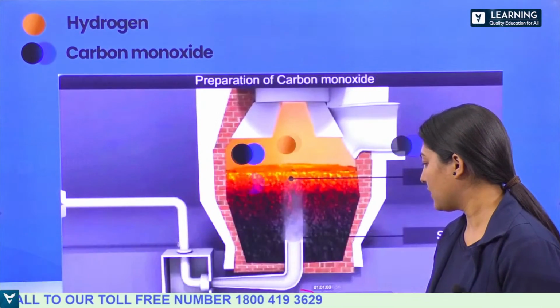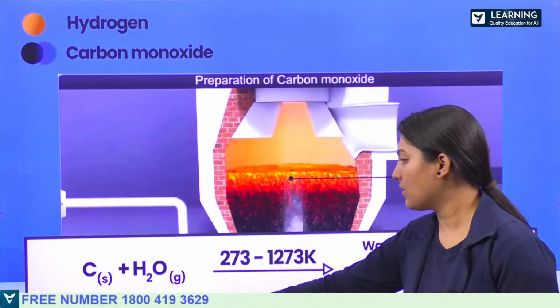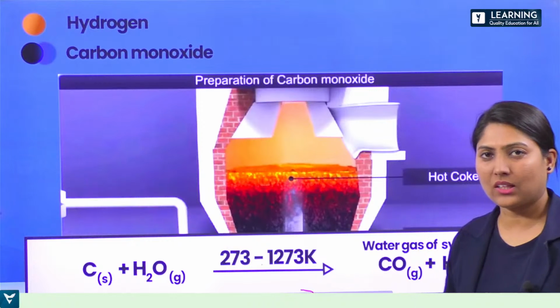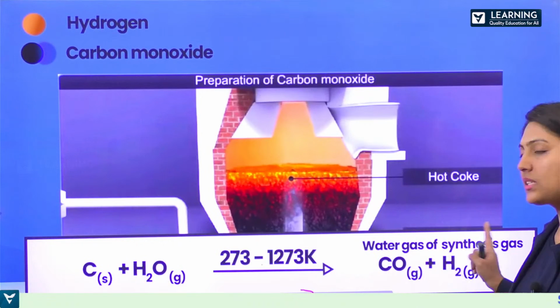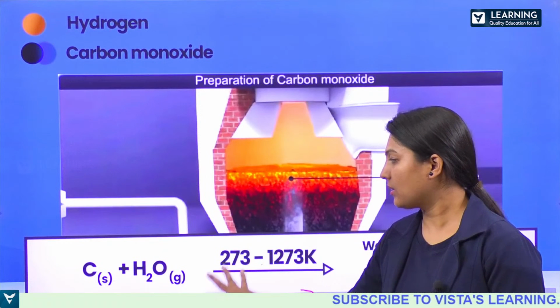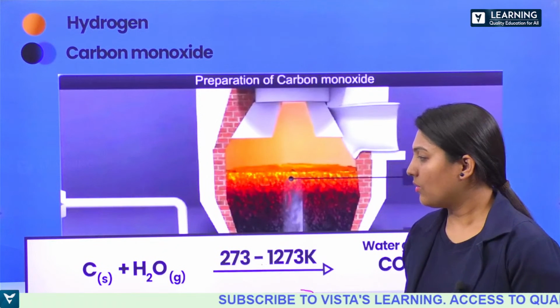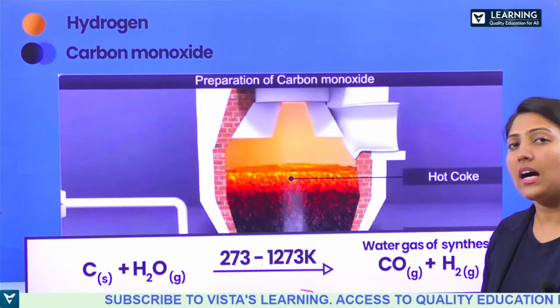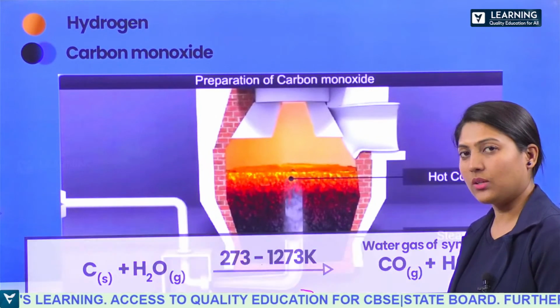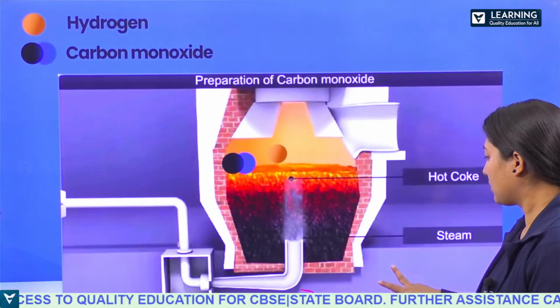First, in the furnace, what happens? We have coke reacting with water at 273 Kelvin to give carbon monoxide plus hydrogen gas. And the second one is that when carbon is reacted with oxygen and nitrogen gas, we get carbon monoxide with nitrogen.